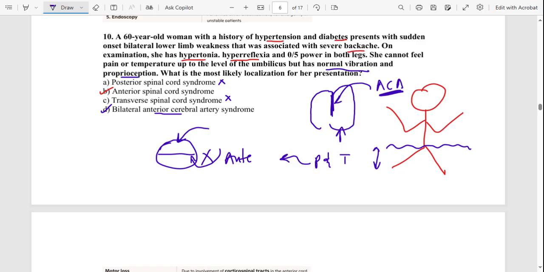That is specific to the pattern that has been given here, where the sensation is only affected below the umbilicus. Because that is so specific, for the ACA the sensory loss might have been more widespread than just below the umbilicus.